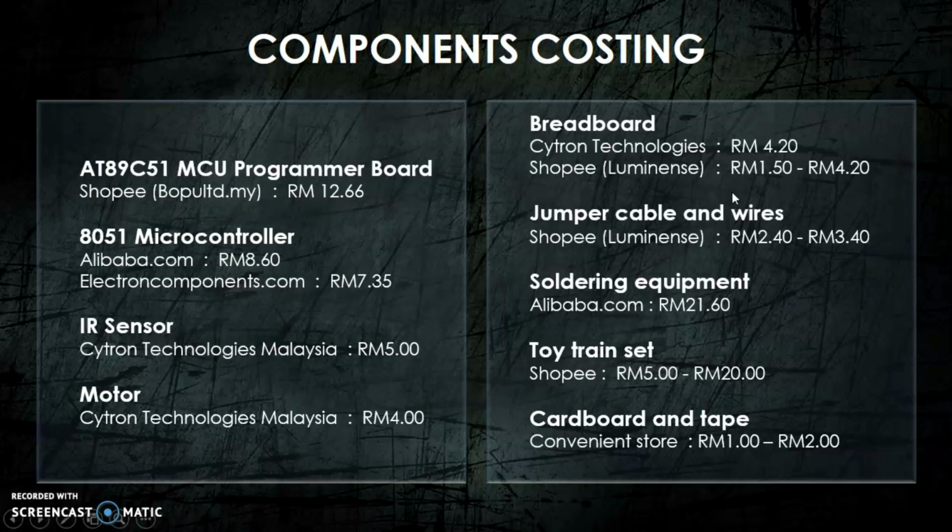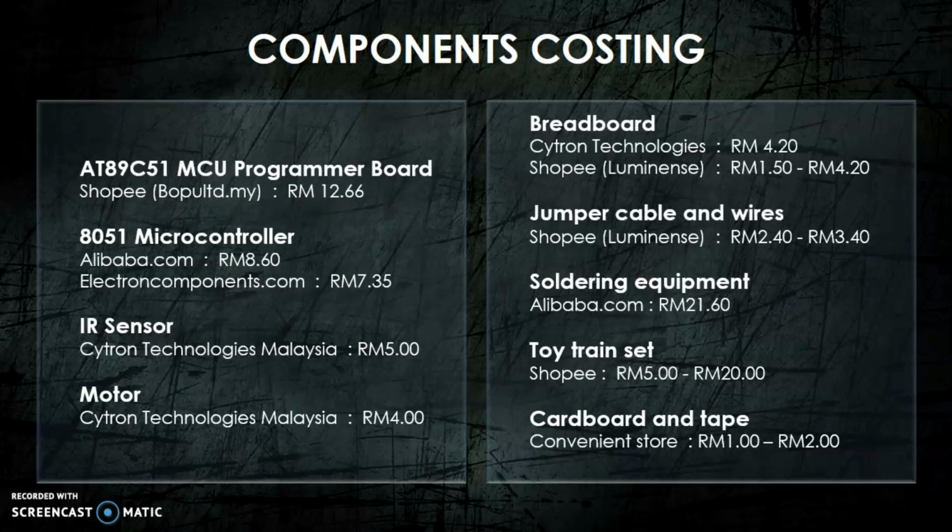The breadboard is the easiest thing to be found in online shopping or anywhere, and some of them are at Citron Technologies and Shopee. The price ranges from 1 ringgit upwards, since it comes in various sizes. For jumper cables and wires, you can purchase them at Shopee for 2 to 3 ringgit.